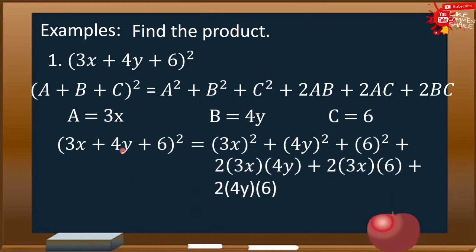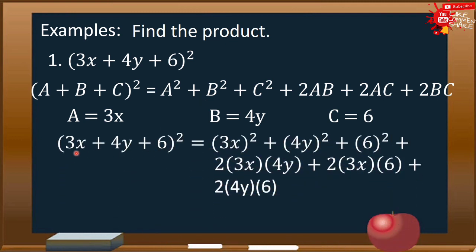So we will have the square of 3x plus 4y plus 6 is equal to the square of a. Substitute the value of a, which is 3x, then squared, plus substitute the value of b, which is 4y, quantity squared, plus c squared. The value of c is 6, so plus 6 squared.